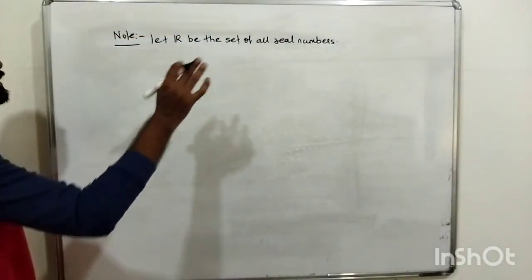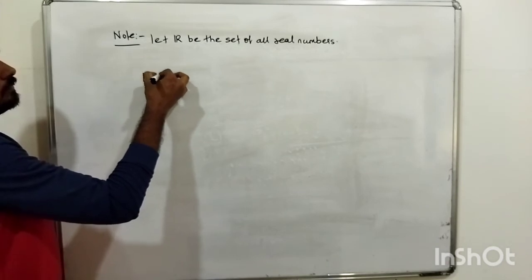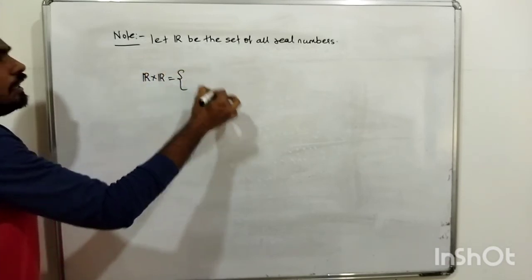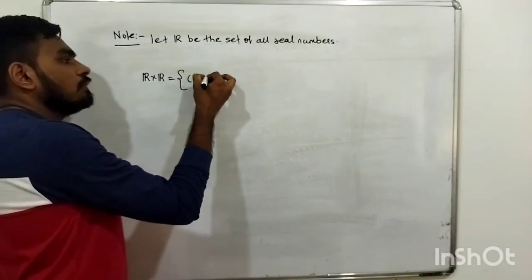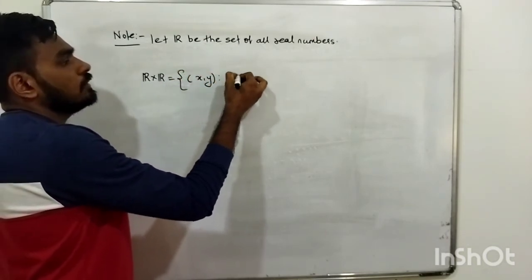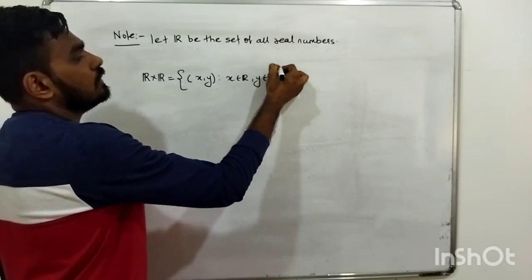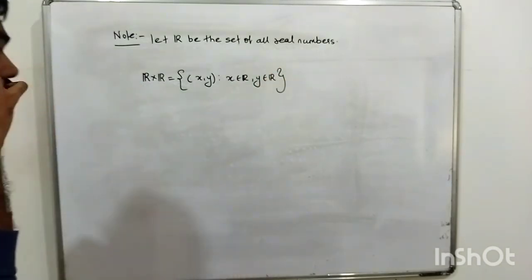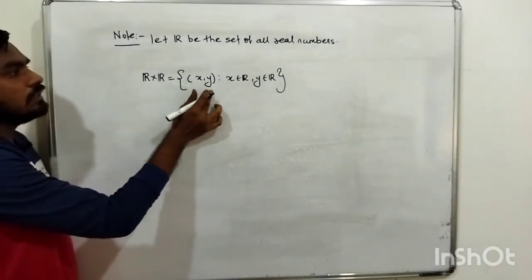So R is the set of all real numbers, then R cross R. Okay, R cross R is {(x, y) such that x belongs to R, y belongs to R}. Okay, this means what now? This x is also a real number, this y is also a real number.